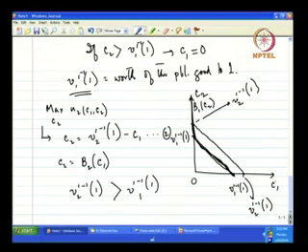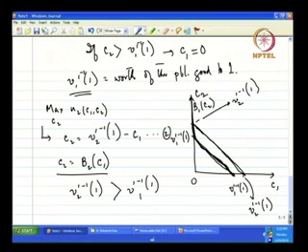Then how does this B2 look like? B2 as a function of C1. Here in B2 of C1, C1 is the independent variable. So, for each value of C1 I have to find out what is the value of C2 which maximizes player 2's payoff, and this is given by this line.